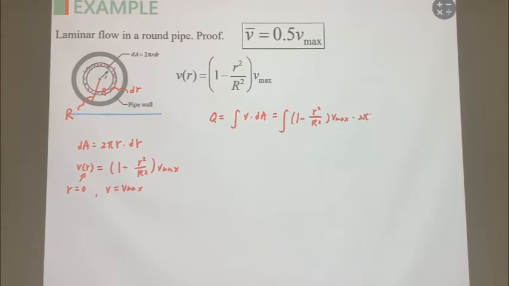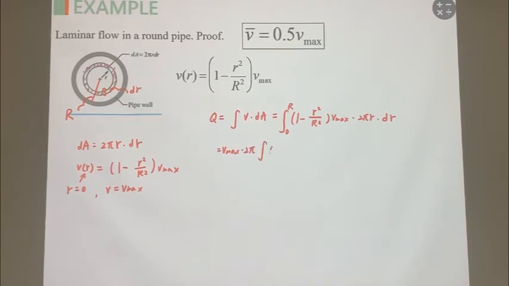We have 2 pi r, the circle length, multiplied by dr. Because this integration goes along the radius direction, the interval of the integration starts from 0 to capital R. Again, we just move the constant values outside, which are V maxima and 2 pi. 2 pi is always constant.